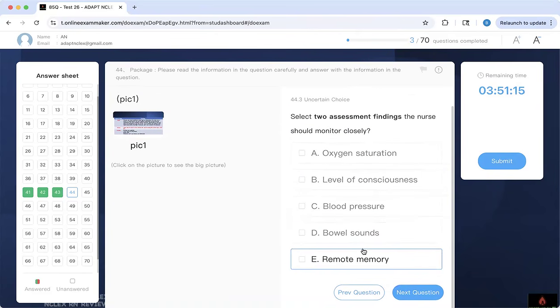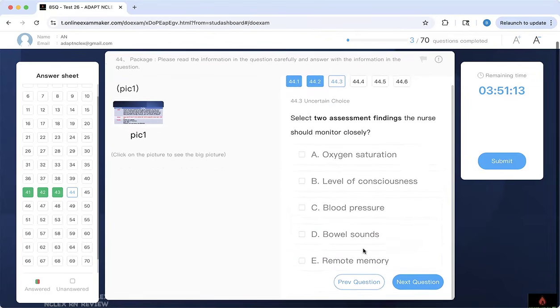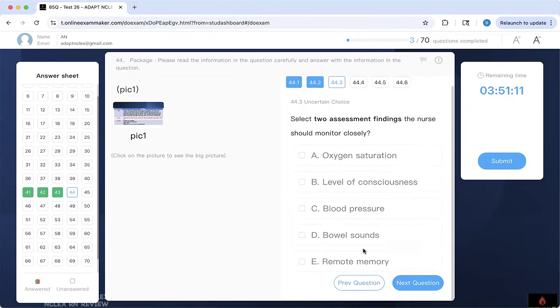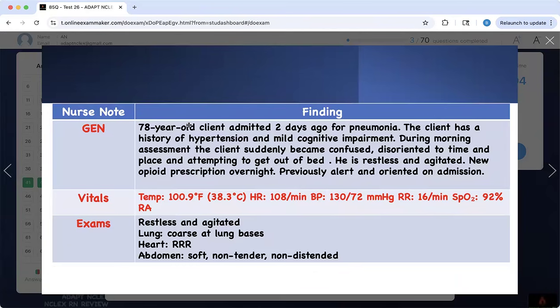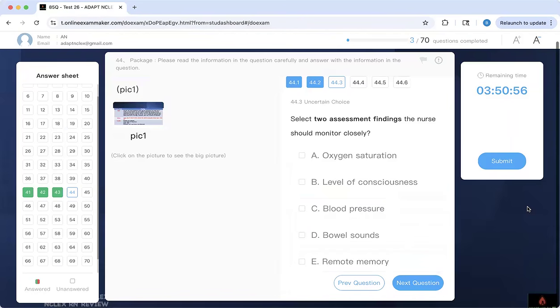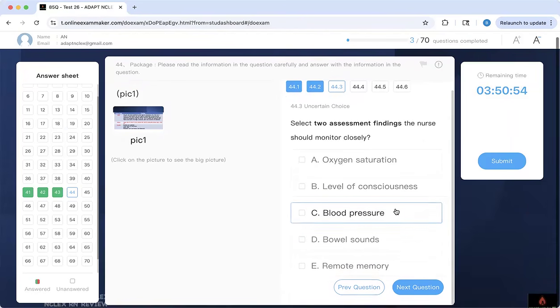Select two assessment findings the nurse should monitor closely. What do you think based on the condition? Do we monitor his saturation, level of consciousness, blood pressure, bowel sounds, remote memory? Which one are we going to monitor closely?